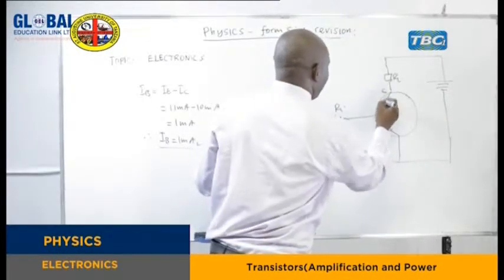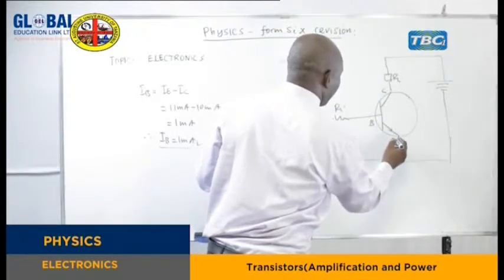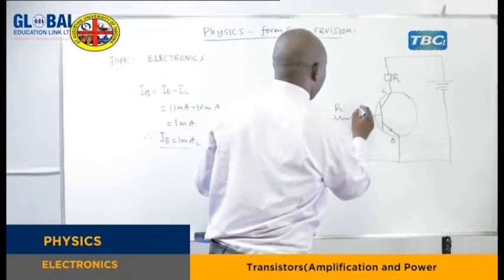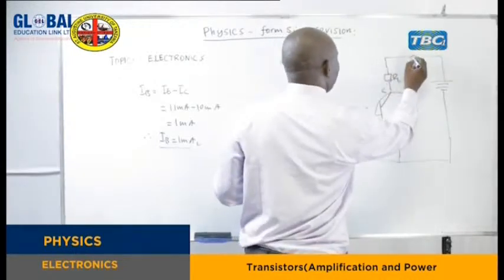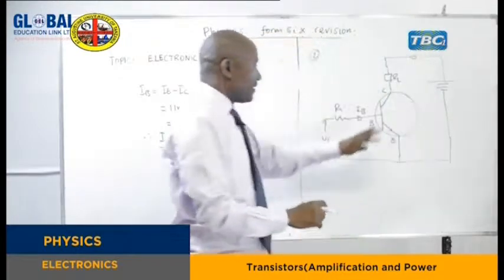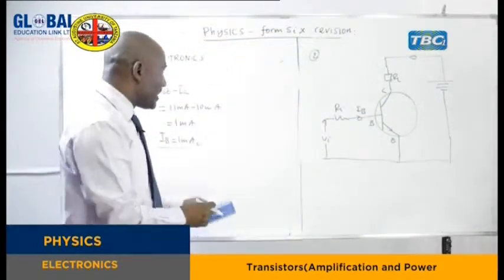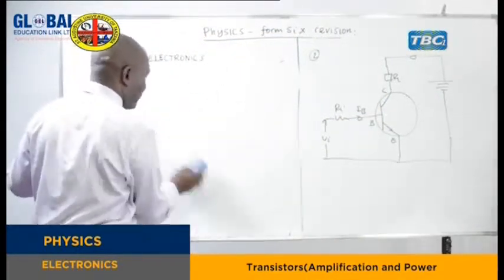This is the collector, this is the base, this is the emitter. This current here is IB, this is IC. You should have a rough diagram which shows the information.